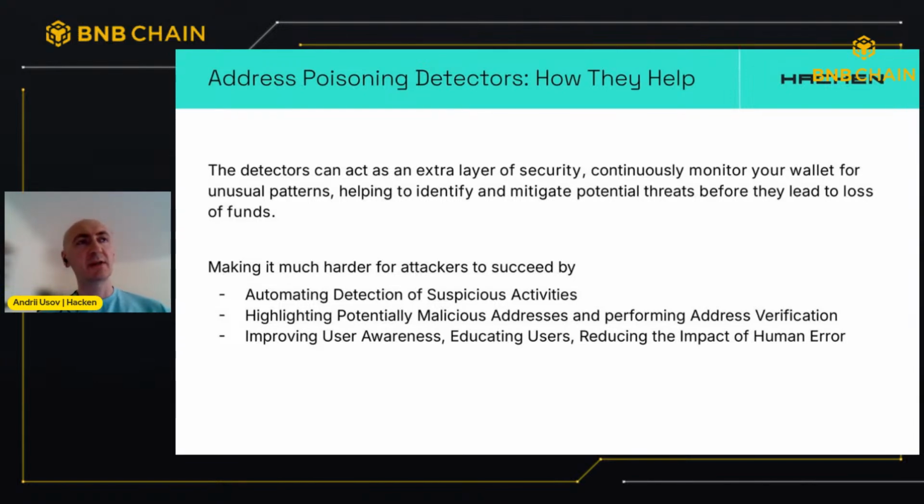Are we in a safe place? Should we be more careful? And create conditions which make it difficult for the attacker to carry out such an address poisoning attack.